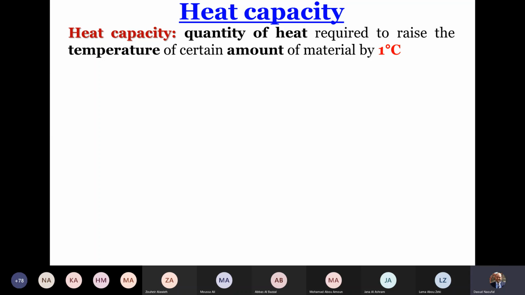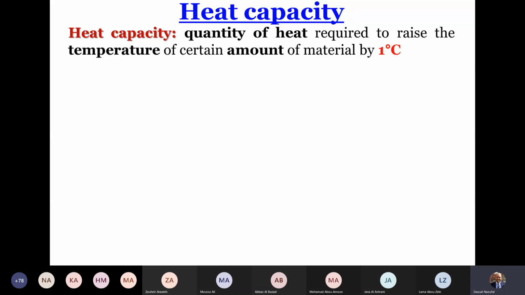I put this material on a heater, and I measure the increase of the temperature. We said before, as the system absorbs energy from the surrounding, its temperature will increase. So I put the metal on the heater, and the temperature of the metal will increase. It passed, for example, from 25 to 26.